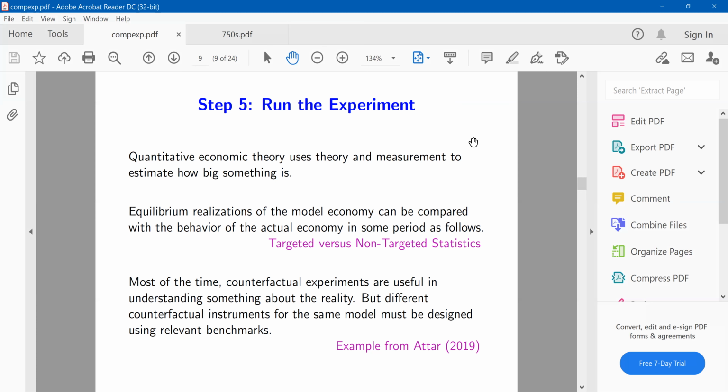So what would happen if the government sets the marginal income tax rate at a larger level? What would happen if there would be a particular lump sum transfer that is given to the consumers, and so on and so forth? These type of things. So each time you run the model, you simulate the model with different inputs.